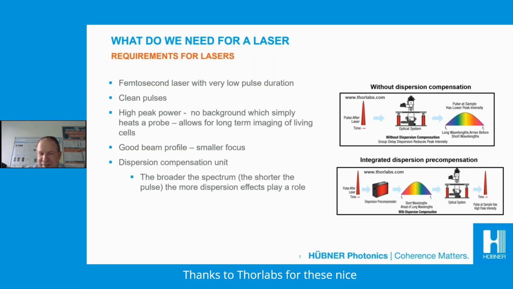Thanks to Toptica for these nice pictures to illustrate what happens. If you send a short pulse through the microscope, you get a so-called optical chirp, which simply means that due to the dispersion of the material, the red part is propagating faster than the blue one, so you stretch the pulse in time.